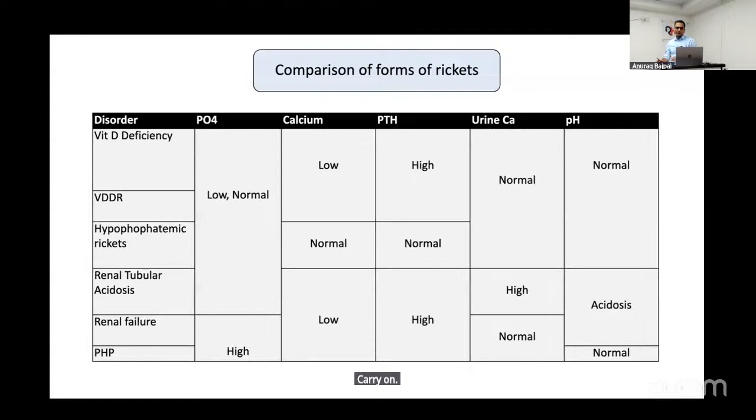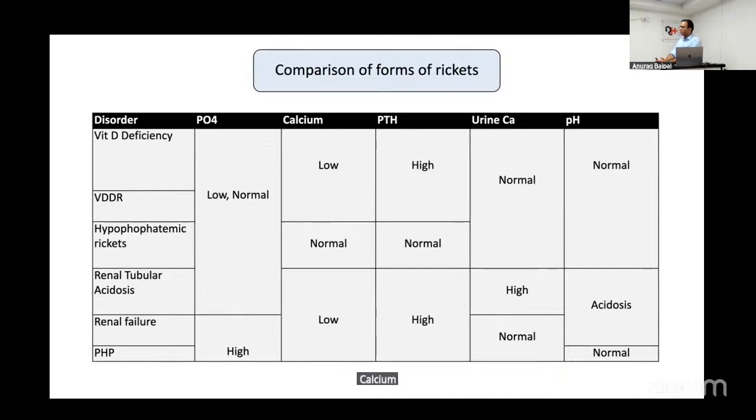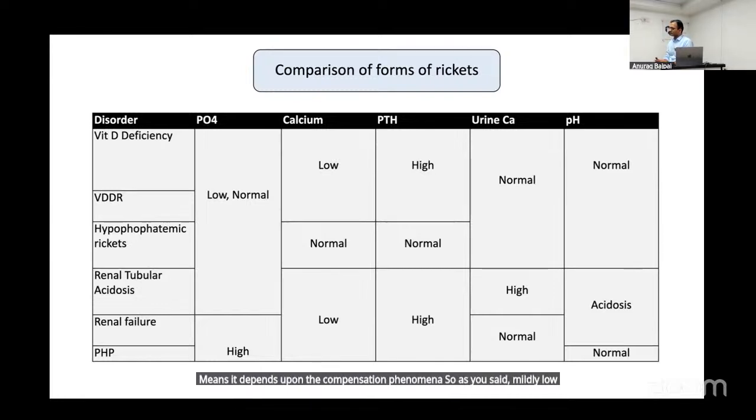Now we'll compare various forms of rickets. Phosphorus will be low in all kinds of rickets except for renal failure and pseudohypoparathyroidism. Calcium will be low in all except for hypophosphatemic rickets. In RTA, calcium may or may not be low, depending upon the compensation. As you said, mildly low, but PTH will be high. If you have normal calcium and normal PTH, that goes more in favor of hypophosphatemic rickets.